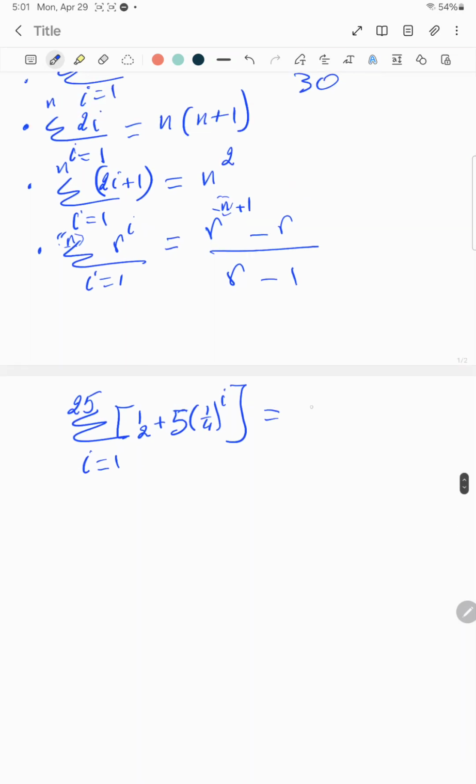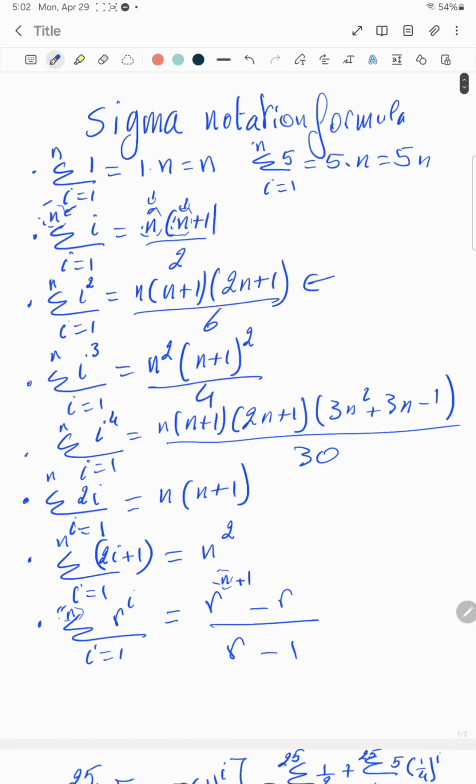So this, I can write it, it is equal to the sum i equal 1 to 25 of 1/2 plus the sum of i equal 1 to 25 of 5 times 1 over 4 to the power of i. So if I take the first one, I have a formula, the formula number 1.